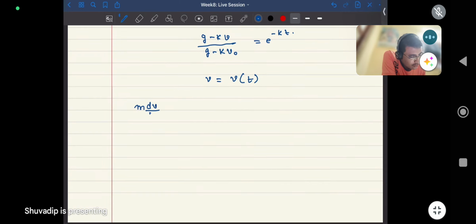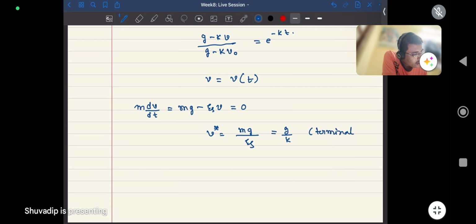m dv dt is equal to mg minus xi v, but when viscous drag is exactly equal to gravity, in that case v is equal to mg by xi, or g by k. This is our terminal velocity. So what happens if I throw a particle with some initial velocity in a very viscous medium?